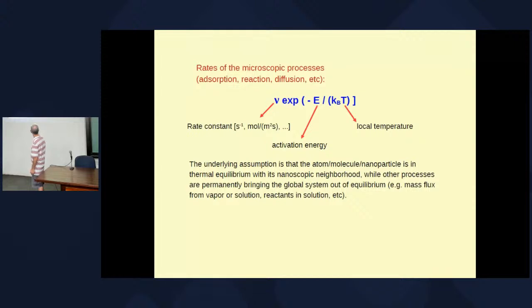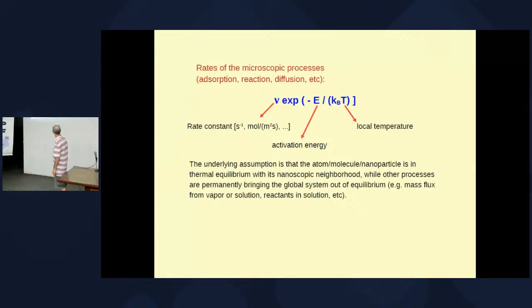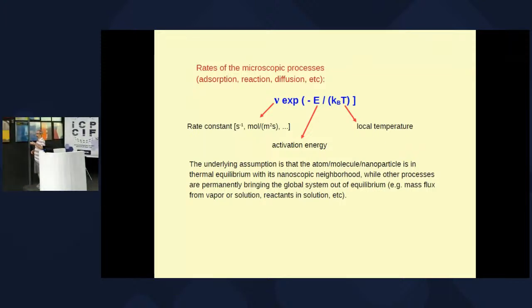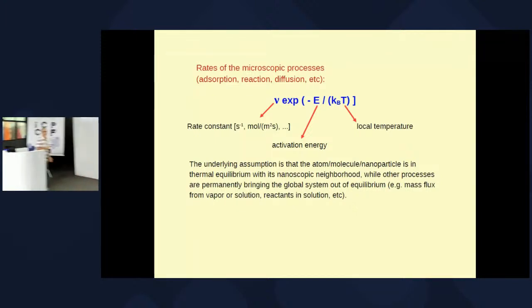This rate constant may be number of attempts per second, or number of hops per second, or in some cases, some rate like the number of moles per square meter per second, and then an activation energy at microscopic level. Usually it means an energy barrier that has to be overcome by an atom or a molecule to change its state, to change its position, or to undertake a reaction. And then k_B T involving the local temperature.